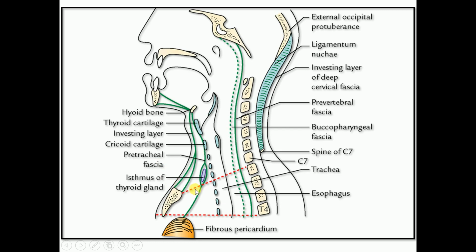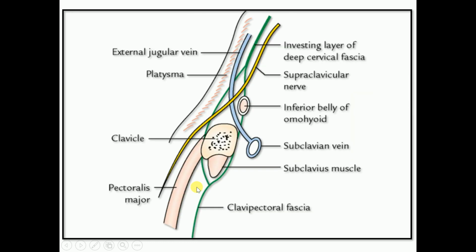arch. Now, above the middle third of the clavicle, it again splits into two layers and encloses the supraclavicular space. And it is a smaller one. The anterior and posterior layers are attached to the anterior aspect as well as the posterior aspect of the upper surface of the clavicle.